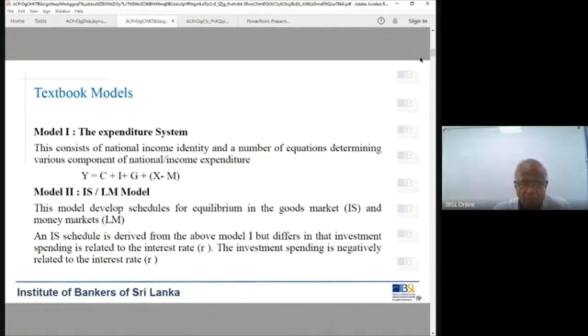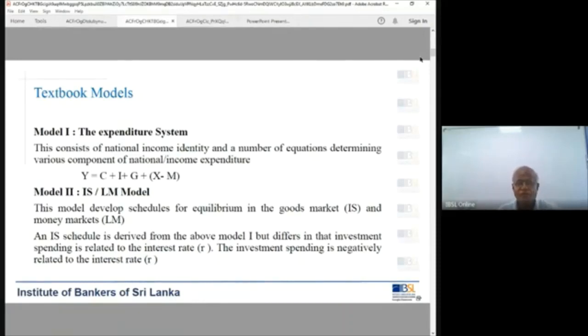In any economy, in the macro sense, we divide the economy into two basic sectors or markets: the goods and services market, then the money market and the bond market. Another term you can use: real sector, monetary sector.